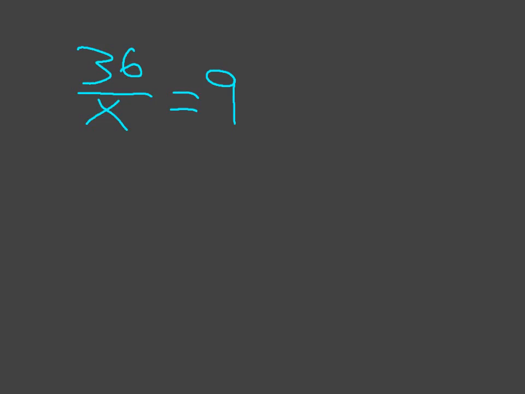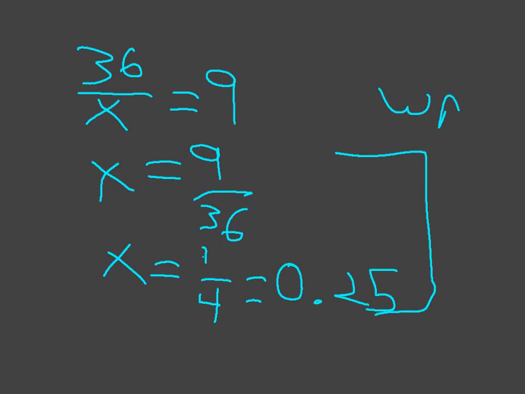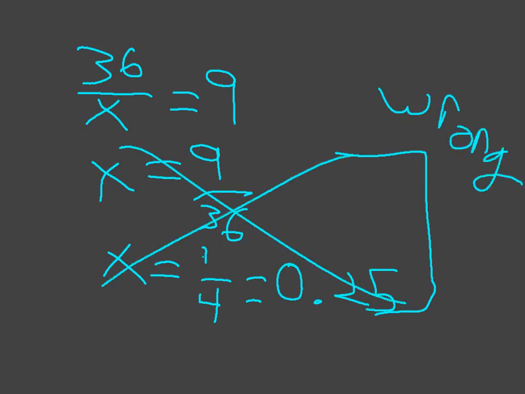Let's divide by the 36, and we get x is equal to 9 divided by 36, or x is equal to 1/4, or if you like your calculator, 0.25. Okay, this here is wrong. Okay, so don't do that.